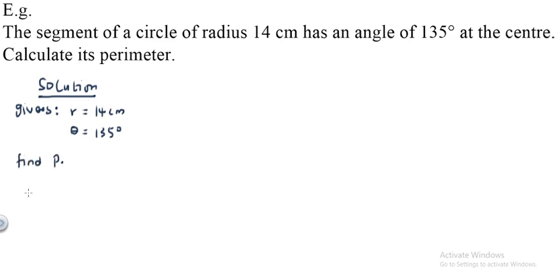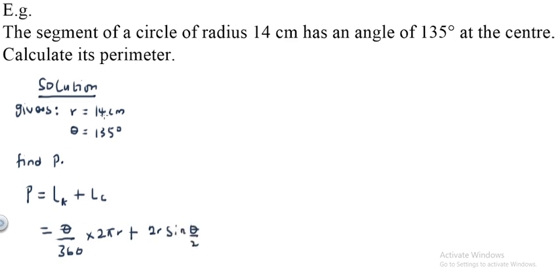Remember, the perimeter of a segment, like we just did before, is the length of the arc plus the length of the chord. If you put the two together, the length of the arc is theta over 360 times 2 pi r, plus the length of the chord, which is 2r sine theta over 2.